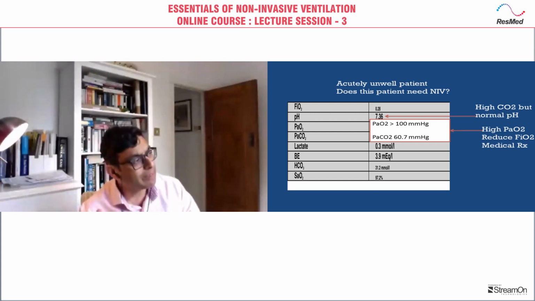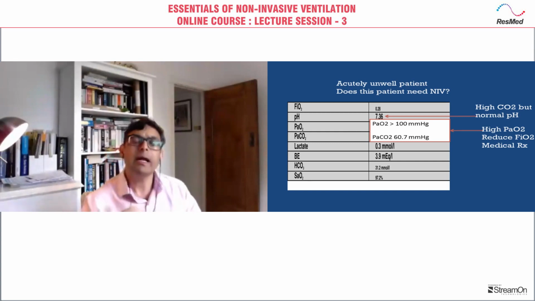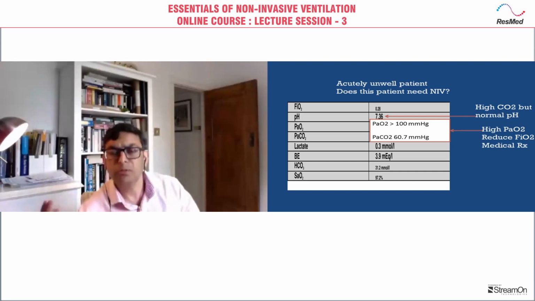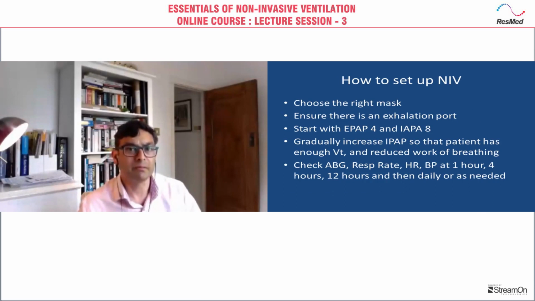So optimizing medical management, giving controlled oxygen, nebulizers and steroids, and so on, will be really important. But if that doesn't stabilize and they continue to deteriorate and become acidotic, then we have to institute NIV. On the other hand, if they have scoliosis or obesity or a neuromuscular problem, then we don't have to wait for respiratory acidosis. We can commence them on non-invasive ventilation.